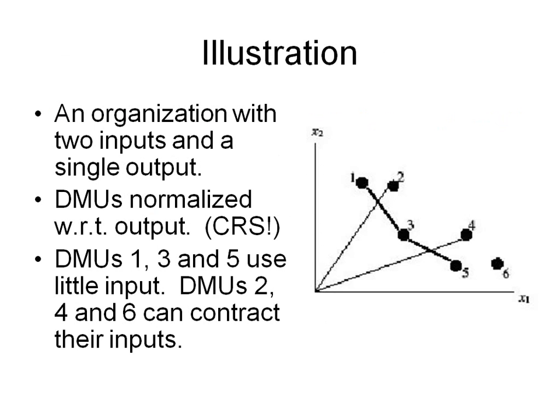So here is an example. This is an ensemble of 6 decision-making units, and they all produce a single output. Think of beer, but now they use 2 inputs.